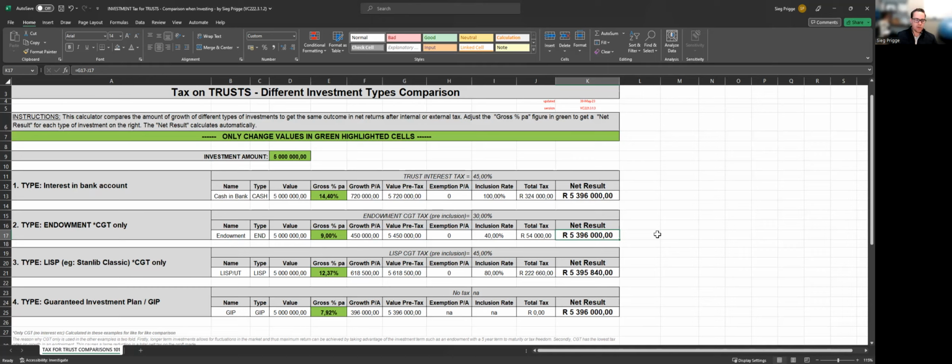Now, there are four different types of investments that are going to be compared here. It's interest in a bank account, an endowment, a LISP or unit trust direct option, and a guaranteed investment plan. Now, the endowment and the LISP option have a CGT only clause here, and CGT stands for capital gains tax.